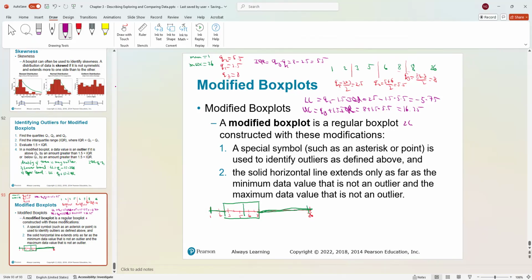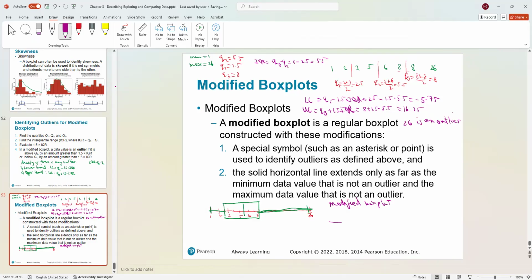We consider 26 an outlier because it falls above the upper limit. Now we need to construct a modified box plot. Modified box plot means we don't enclose the 26.